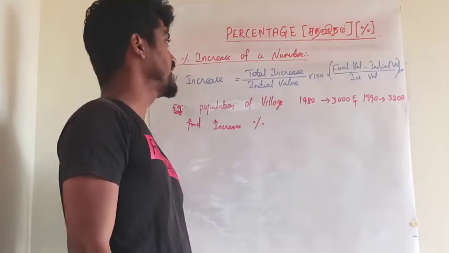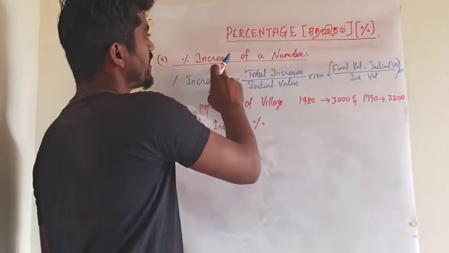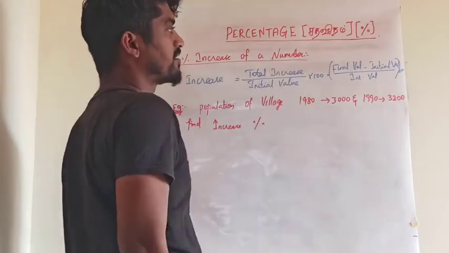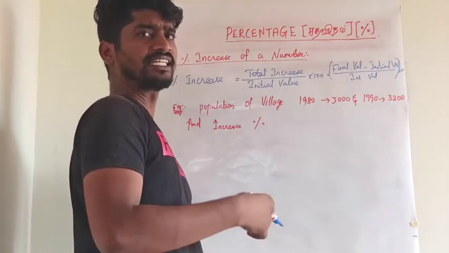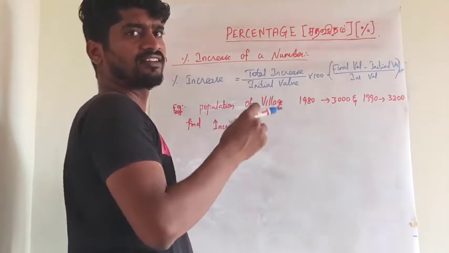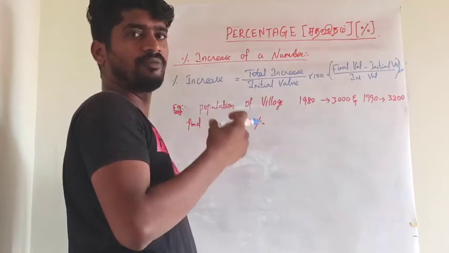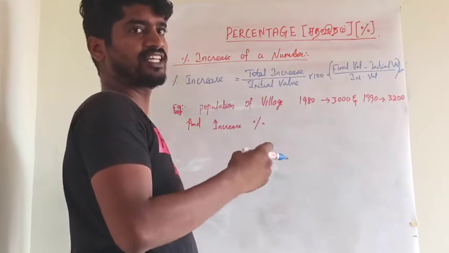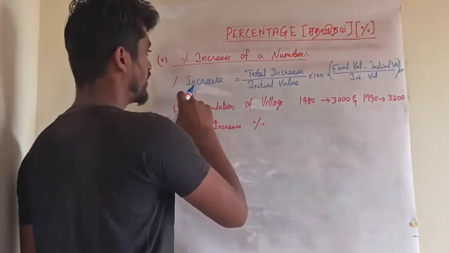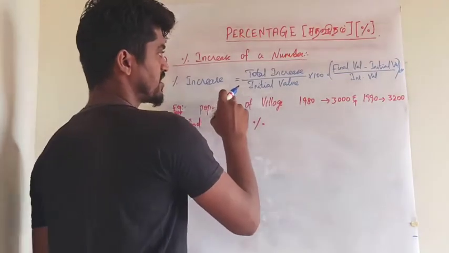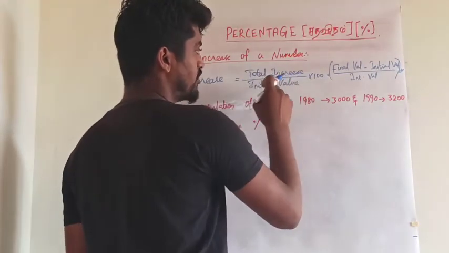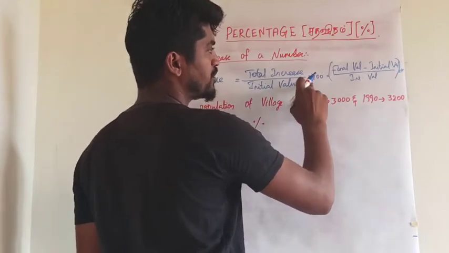The next method is percentage increase of a number. When a number value gets increased, we have to find how many percentage the number has increased. The formula to find the percentage of increase is total increase value divided by initial value, into 100.